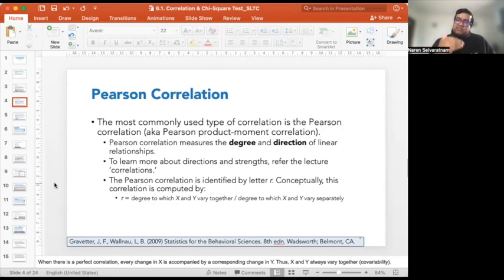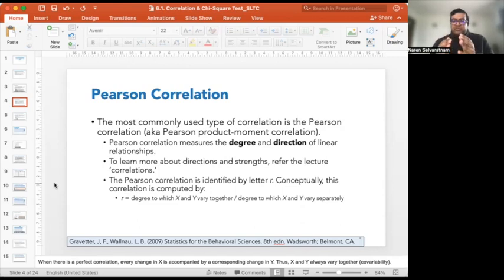And the fact that it has a positive or a negative value indicates the direction of the correlation. Positive means x increases, y increases. Negative means x increases, y decreases. So it gives you an understanding about the degree and also the direction. Previously in our lecture, we discussed correlations. You can check the previous video.